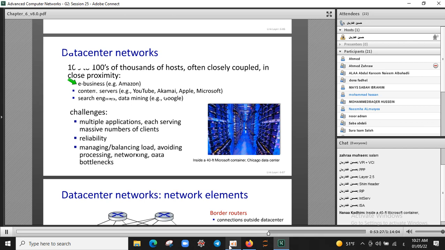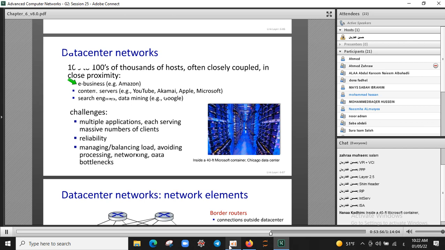A data center has a wide bandwidth, so I should manage it very carefully. For example, when I'm talking about load balancing inside a data center network, this load balancing is very important. Why?